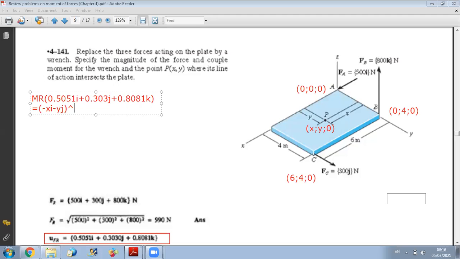Vectorial FA, what is FA? 500i. So vectorial 500i, plus PB, where vector PB is minus x i plus 4 minus y j, vectorial FB, which is 800k.